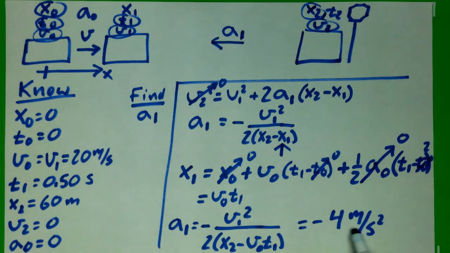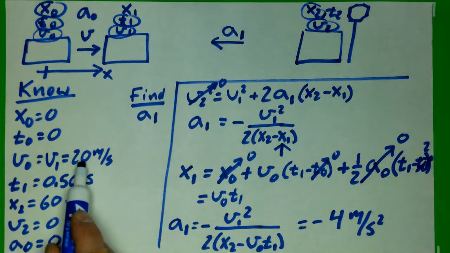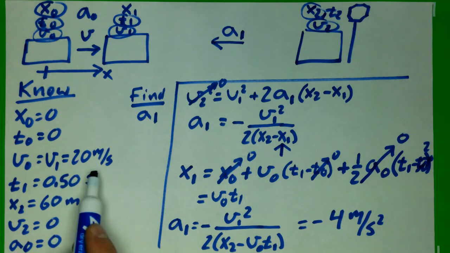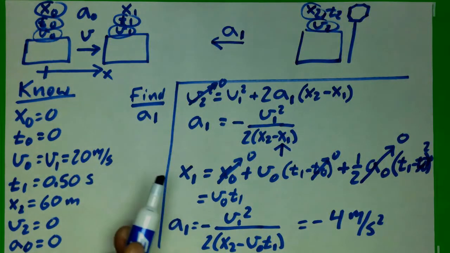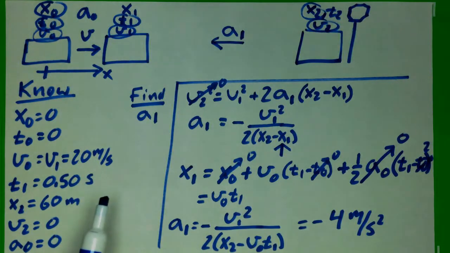So 4 meters per second squared, if it's starting at 20 meters per second, that means every second it decreases the speed by 4 meters per second. After 1 second, this is down to about 16. After another second, down to about 12. And so it takes about 5 seconds overall to get to 0 speed.